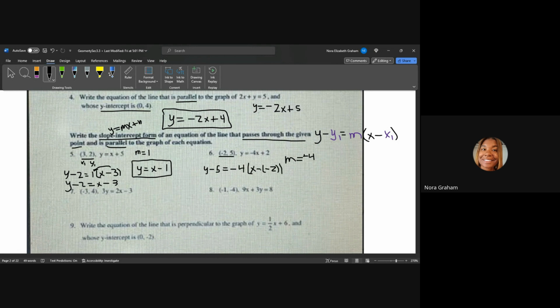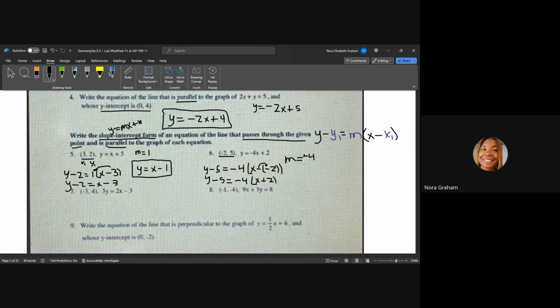So if we simplify this through, first I'd distribute that through. So then I would have y minus 5 equals -4. Negative times a negative gives me a positive, and so that would become x plus 2.